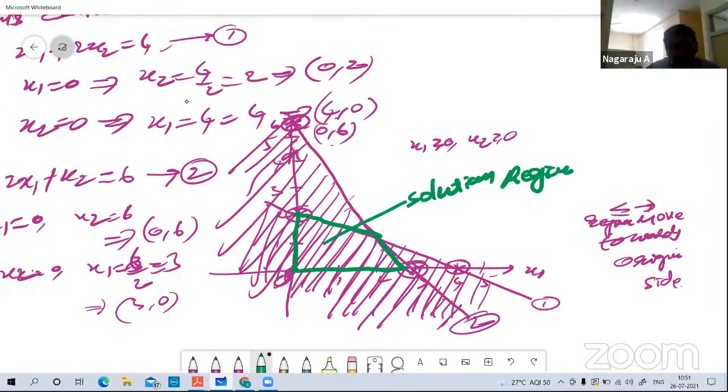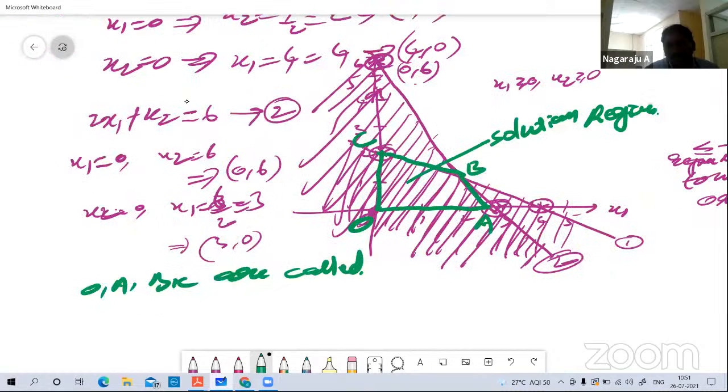OABC corner points are called initial basic feasible solutions. Better solutions are these corner solutions. That is called the initial basic feasible solutions. Feasible solution region.